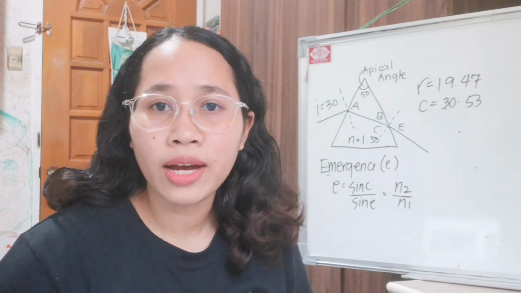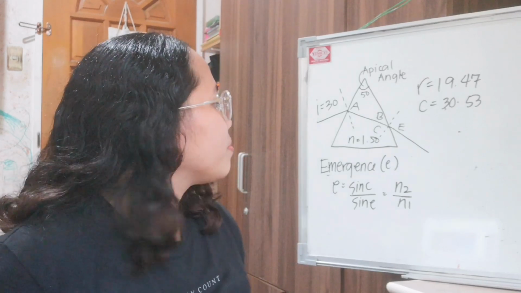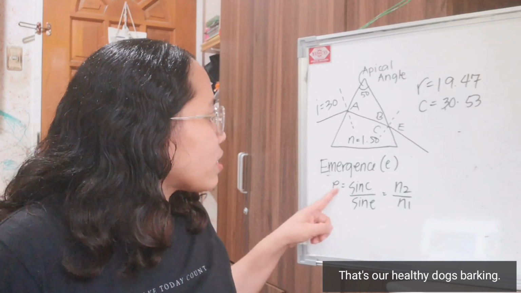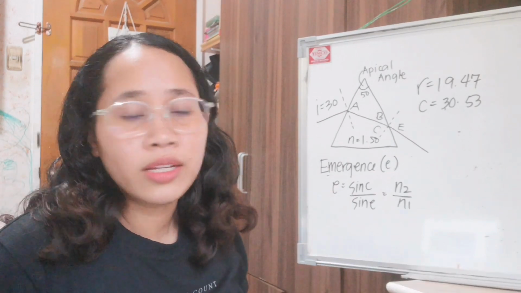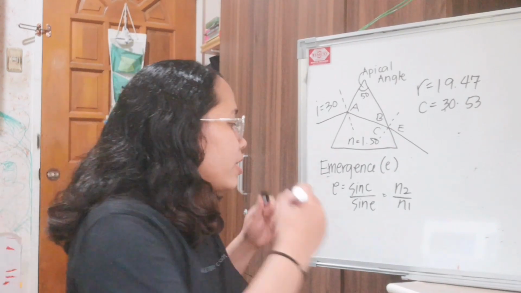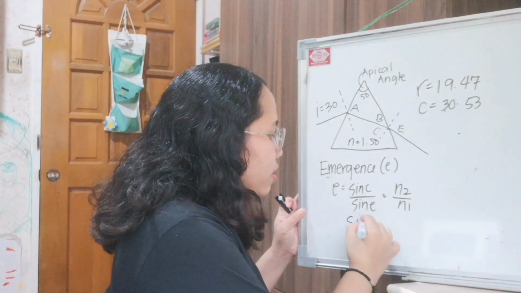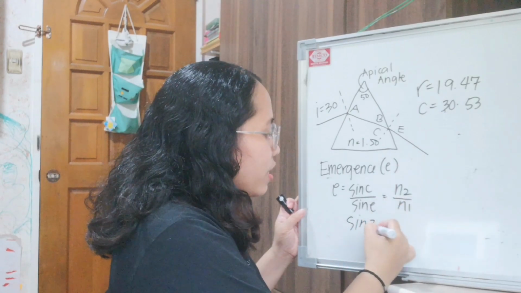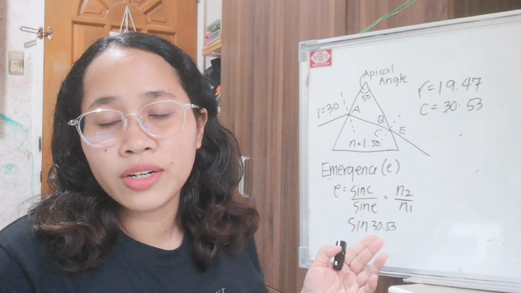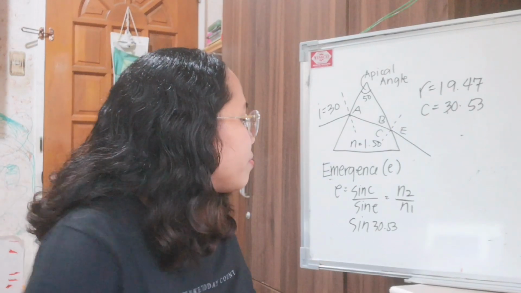So we are now in the angle of emergence. The formula for the angle of emergence is sine C over sine E equals N2 over N1. The sine C is the 30.53 that we got in the other formula.